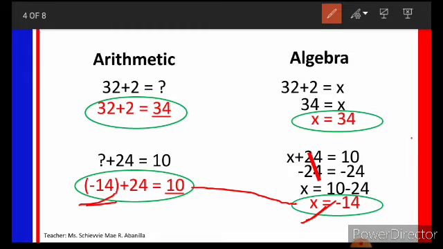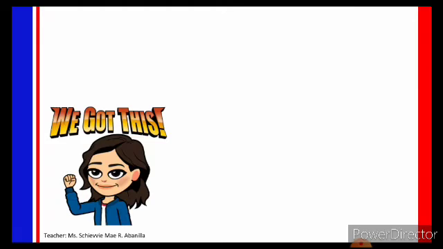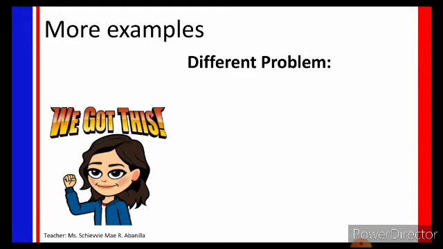And ideally, if we are going to substitute now the values of x here, it will also give us 10. It will also be the same if our x is equal to negative 14. Okay? You understand? So let's have more examples. Okay, I know you got this. Dali lang naman siya. So let's have more examples.